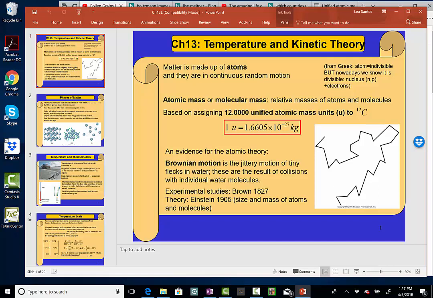And with this theory, Einstein was able to show, measure, and calculate the size and the mass of these atoms. Just as a curiosity for you, as I said, it was very polemic to finally convince the scientists that matter was really made out of tiny entities.